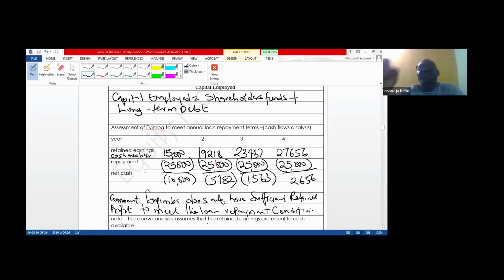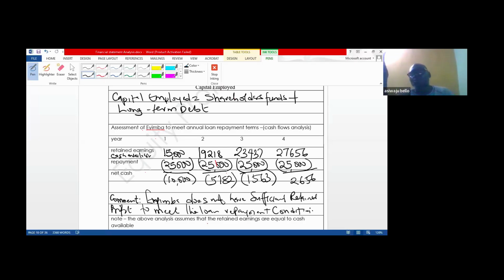Enyimba does not have sufficient retained profits to meet the loan repayment condition. So if you are looking at this, we can say don't take the loan. If you are looking at this analysis, we can conclude that Enyimba should not take that loan on the terms indicated.